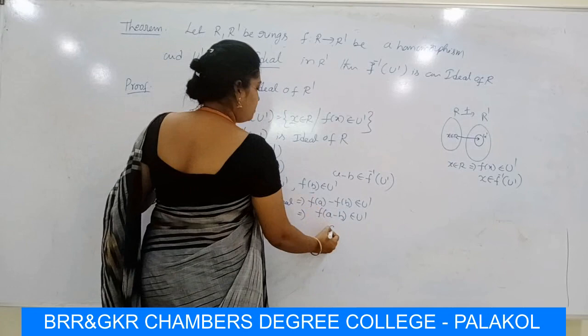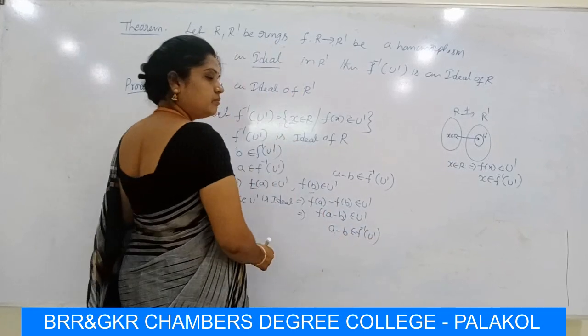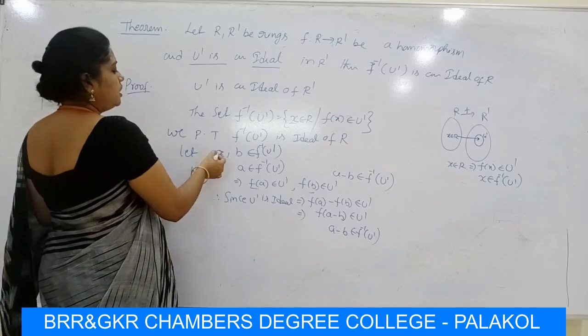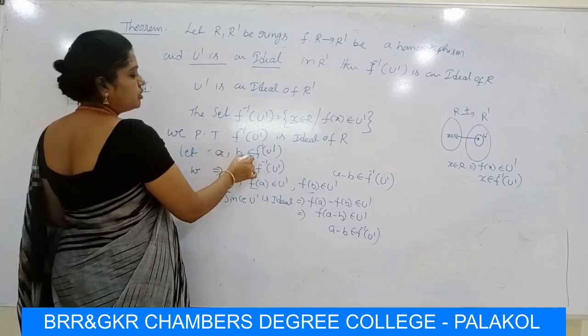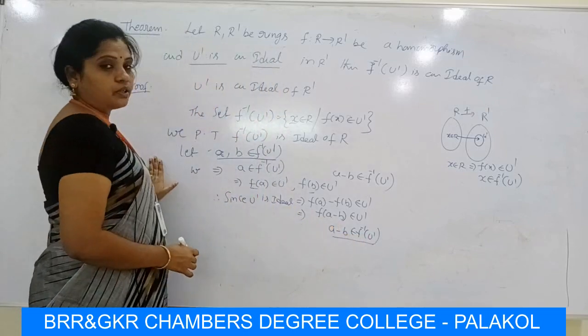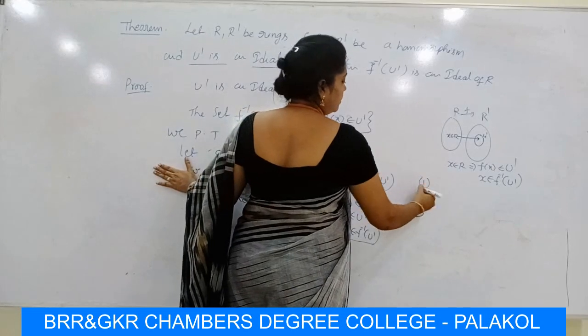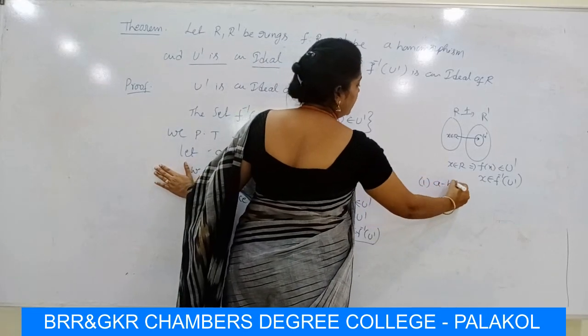Then A minus B belongs to F inverse U dash. So we take here A, B belongs to F inverse U dash, we get A minus B belongs to F inverse U dash. So the first condition of ideal is satisfied.